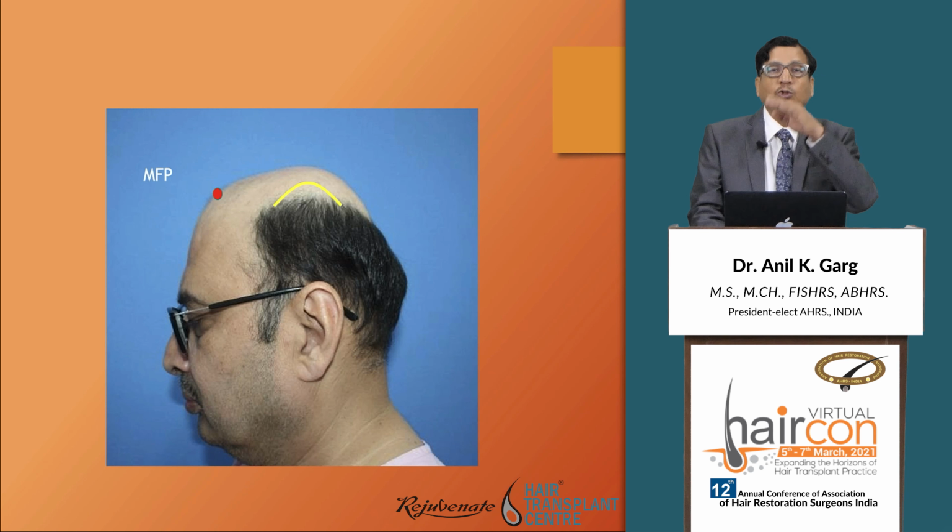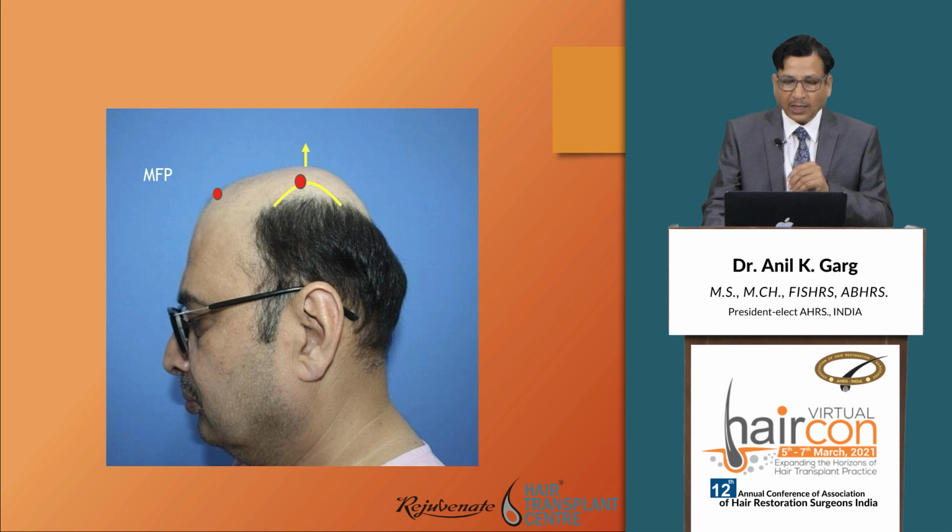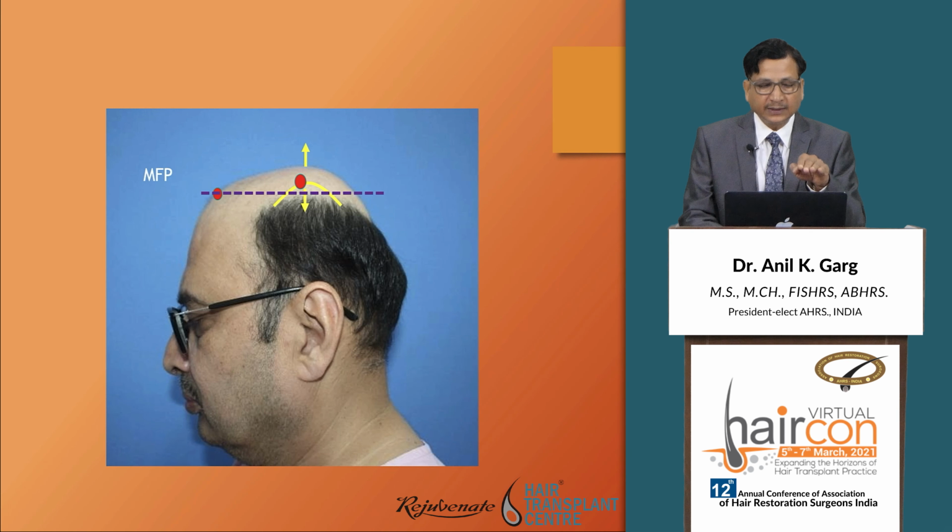But what should be the height? What should be the location of the FTP? Again, 3 planes are needed. I am repeating. One we know: lower up, we decide that this is the midfrontal point and this is the frontotemporal point, which is higher than this. So we knew one plane.